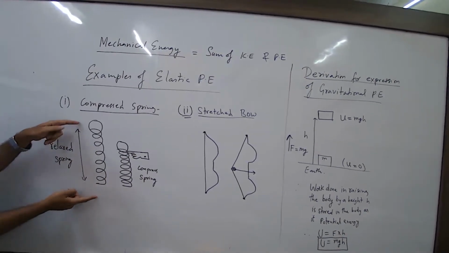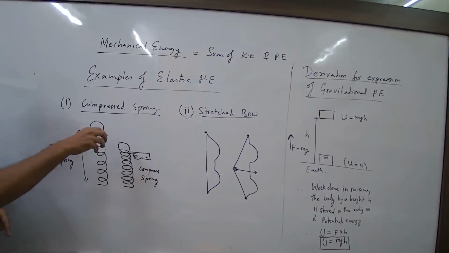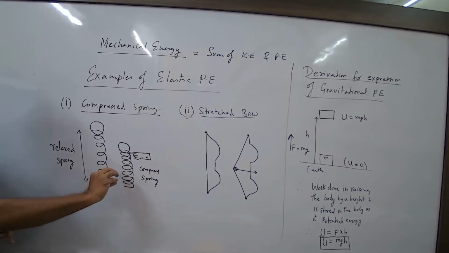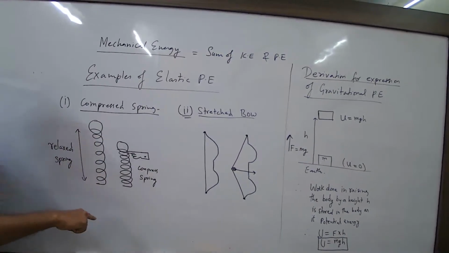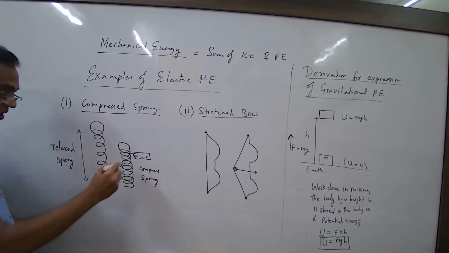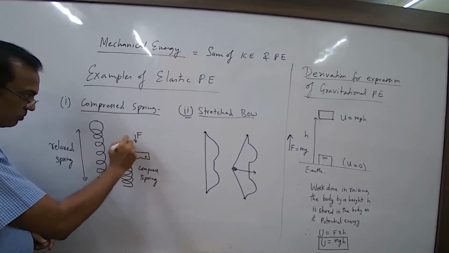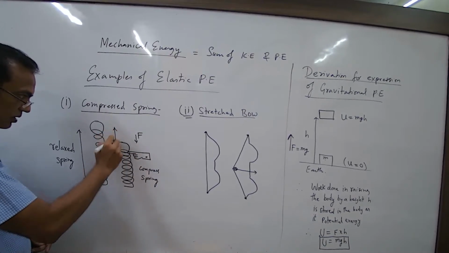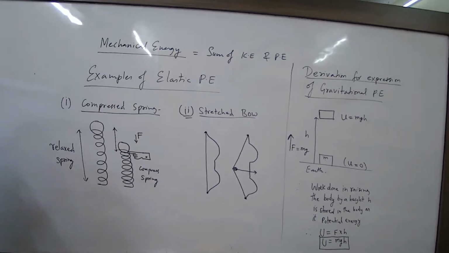So this is the natural relaxed state of the spring. When a ball is kept and it is compressed down, some work is done, right? Some force was applied in the downward direction, and there is some displacement also. Whatever work is done is stored as potential energy in the spring, correct?